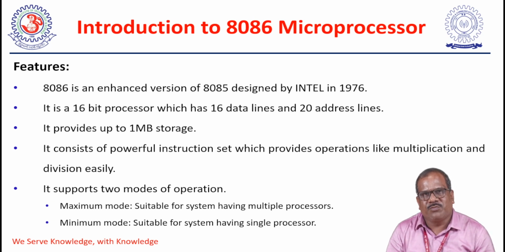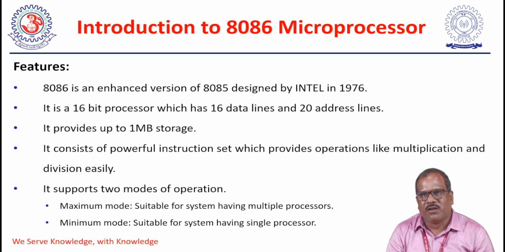It has a larger number of powerful 16-bit instructions. It can perform arithmetic operations. The 8086 can operate in two different modes of operation: maximum mode and minimum mode.